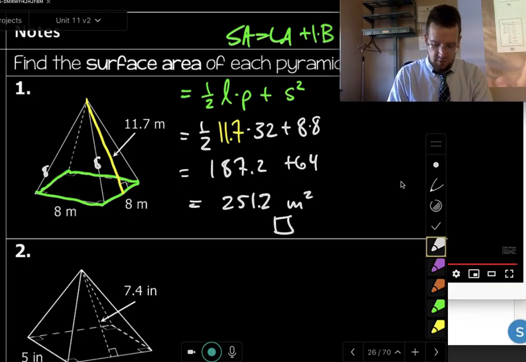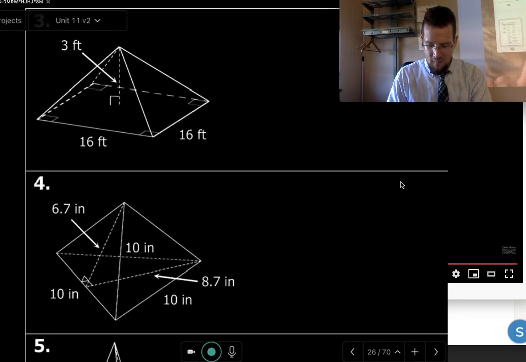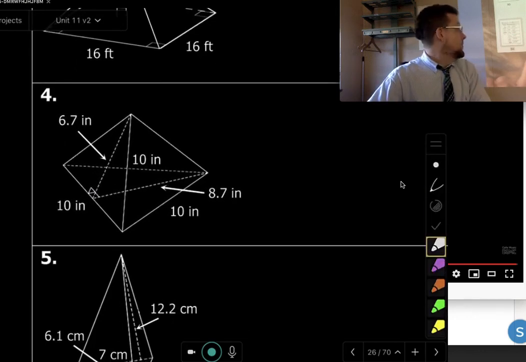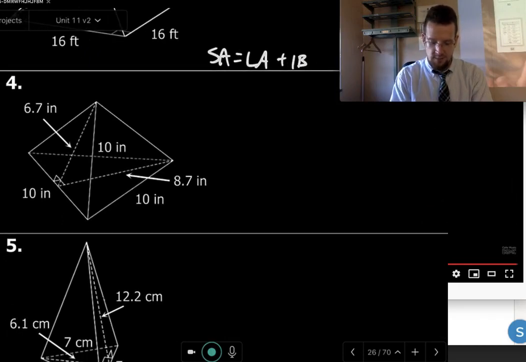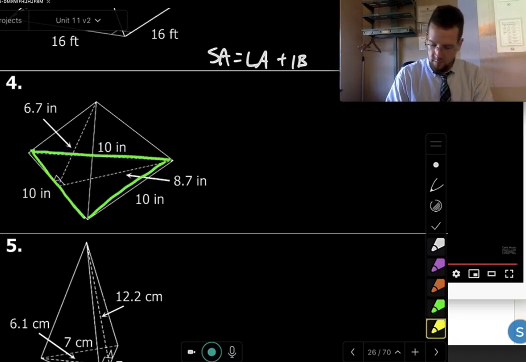So again, what do we want to do? We want to find the slant height and do this. Let's see if we can find something that's not a square. Yeah, let's do this one. Okay, number 4. So again, our surface area is the lateral area plus, this is just going to be one base. Okay, so number 4, what do we got? We have the area of our base and the slant height.